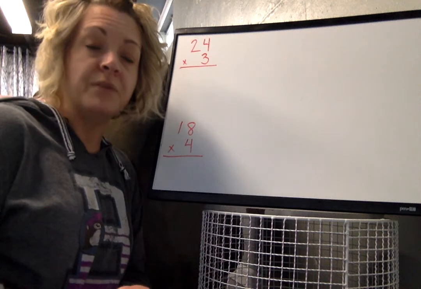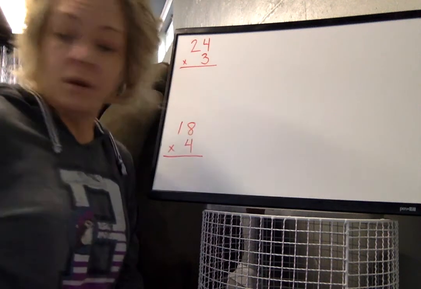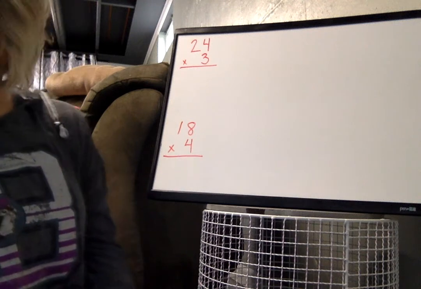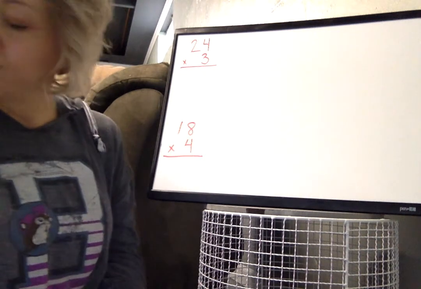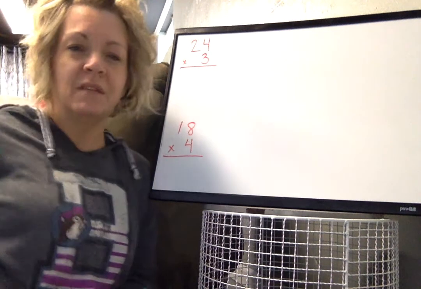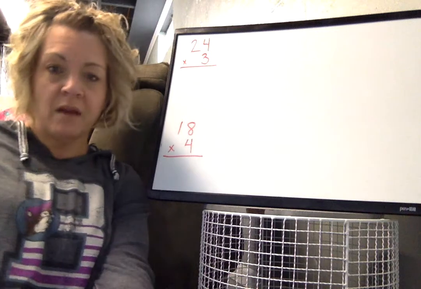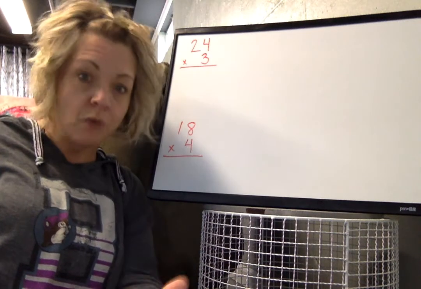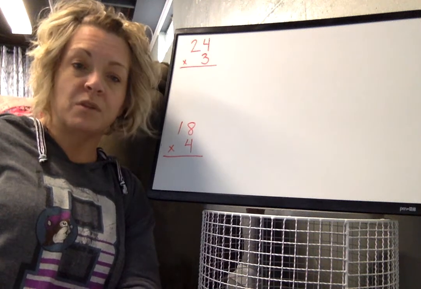All right, you should be doing these on your whiteboard as I do them. So I'm going to give you 10 seconds to be ready with your marker and your whiteboard. Or if you don't have your whiteboard close, just use paper.